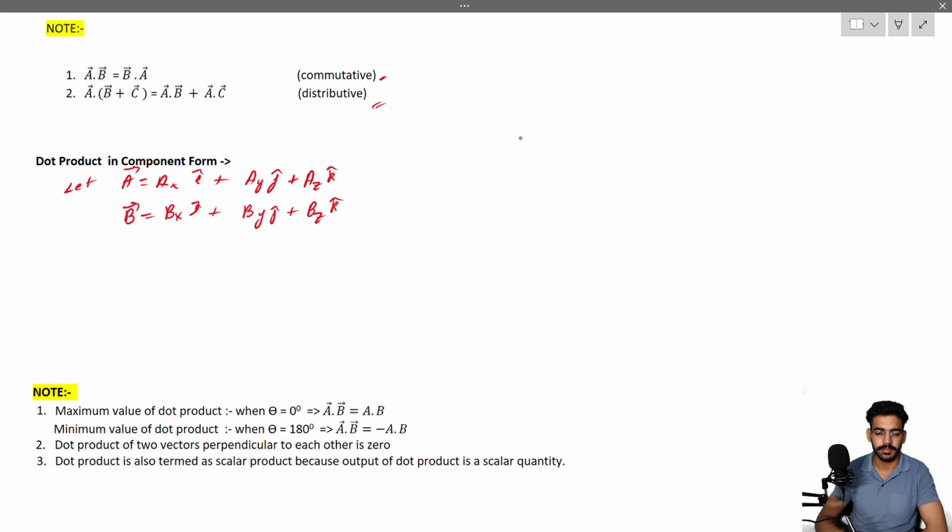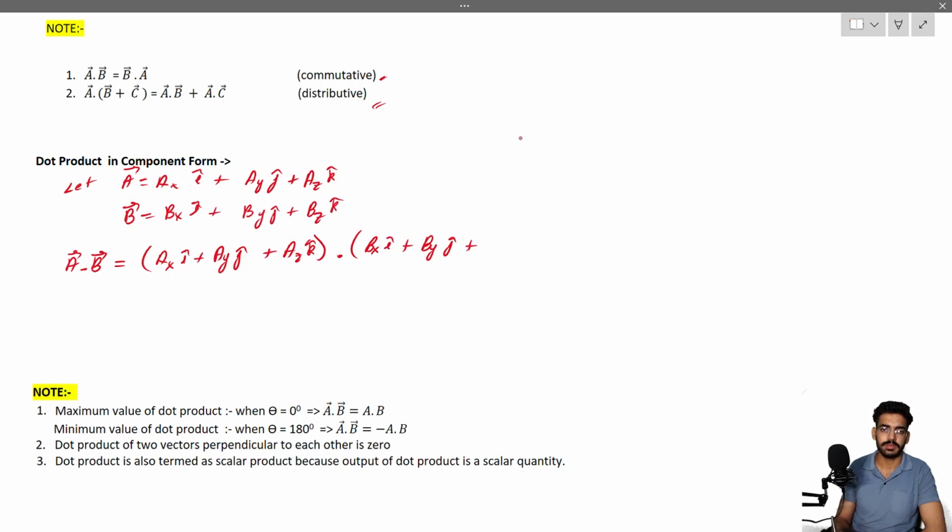Then find a vector dot b vector. Just put these values: ax i cap plus ay j cap plus az k cap dot bx i cap plus by j cap plus bz k cap.